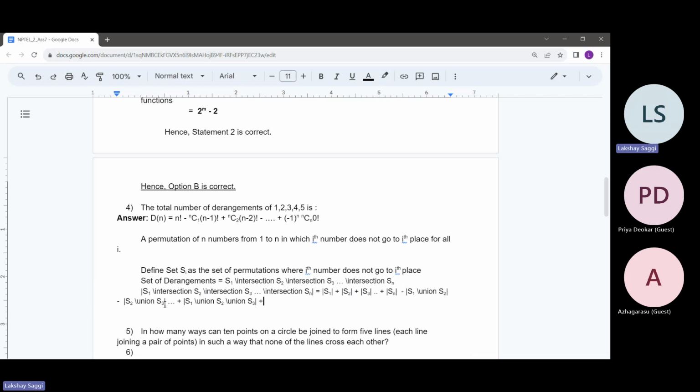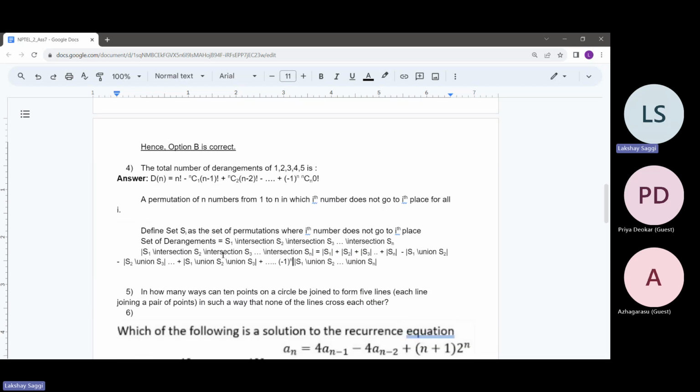Then we'll subtract everything four at a time, add everything five at a time, and so on. We'll continue till we obtain the union taken n at a time, S1 union S2 till union Sn, and this will be multiplied by -1 raised to the power n.